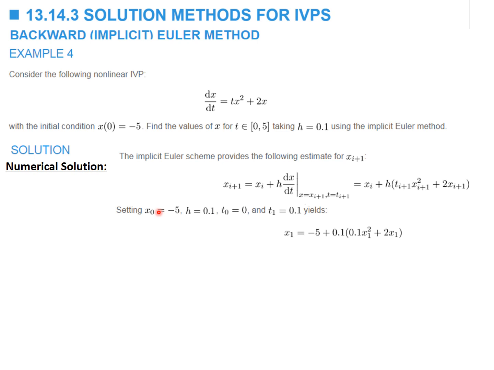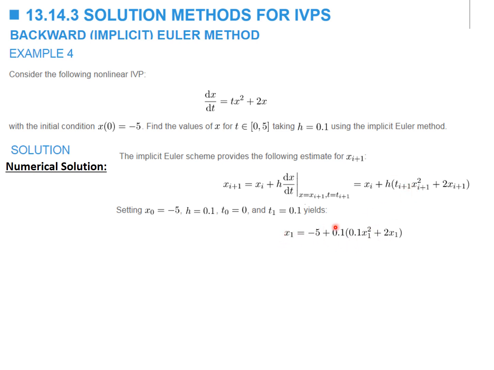For example, the initial value of x0 is -5, h is equal to 0.1. The initial time point is 0, the new time point is 0.1. So x1 is equal to, when I substitute, x_i is -5, h is 0.1, t_{i+1} is 0.1, x1 squared is the unknown, plus 2x1.